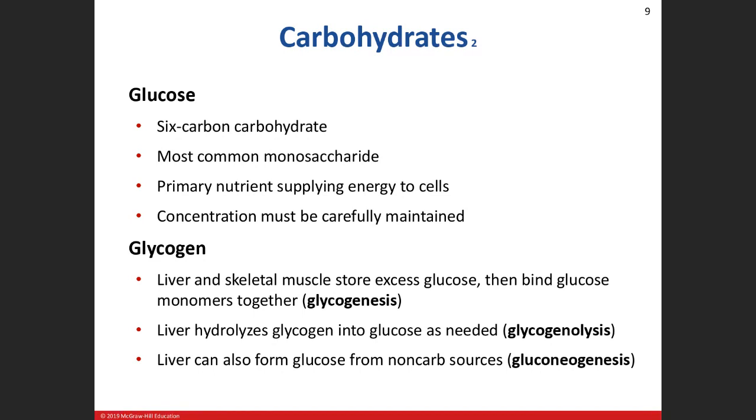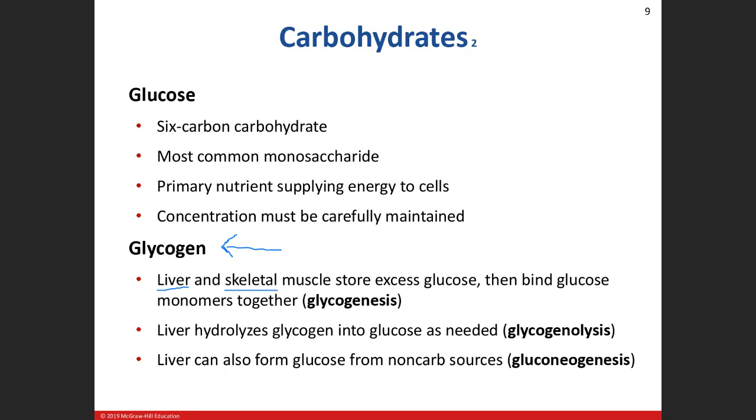So the term you see on the slide here, glycogen, that's the storage form of our glucose. Glycogen is going to be a chain of glucose monomers, those monosaccharides strung together. The cells primarily responsible for that are going to be the liver, obviously, and skeletal muscle.